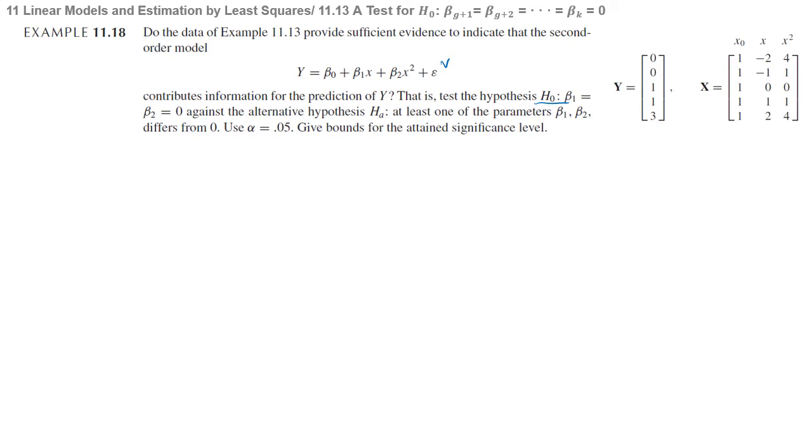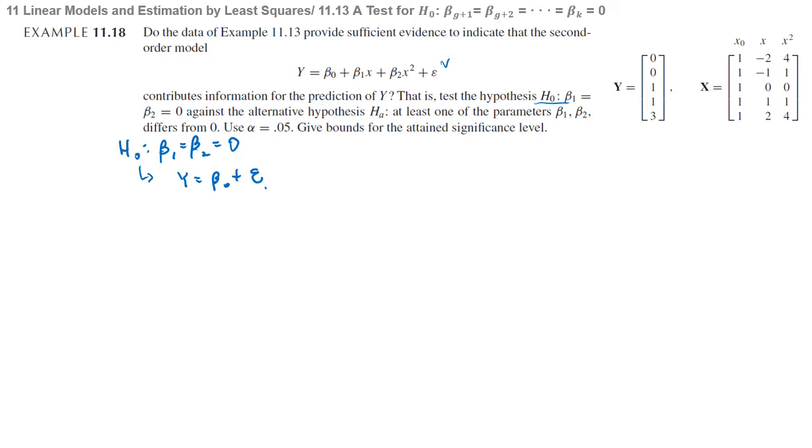From here, the first thing is to describe the hypothesis, which we already have: beta 1 equals beta 2 equals 0. This is actually the reduced model. So H0 implies that y is beta 0 plus epsilon.